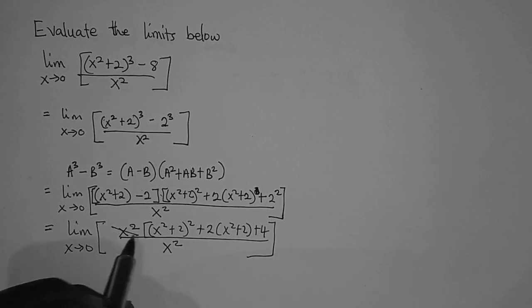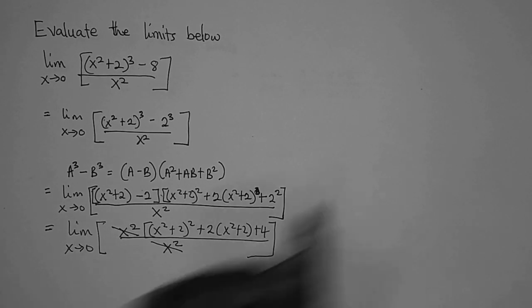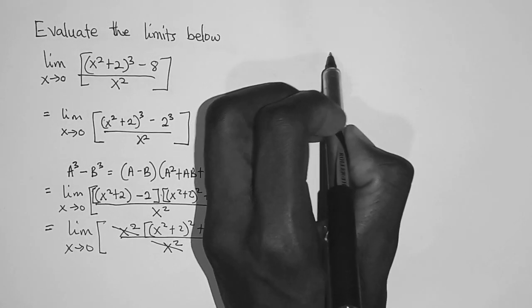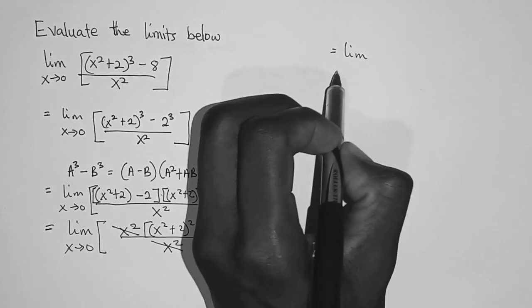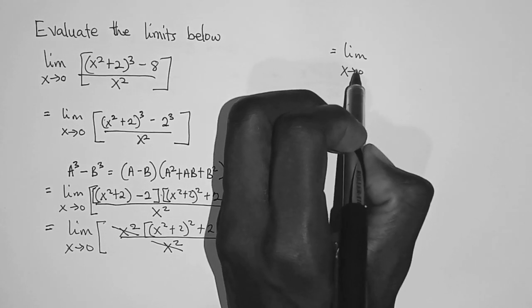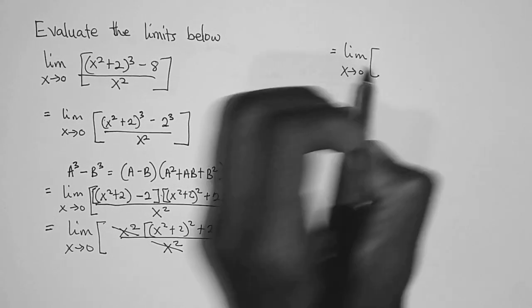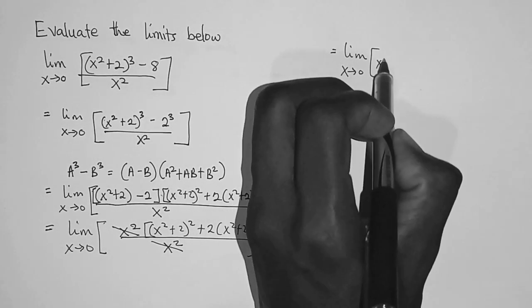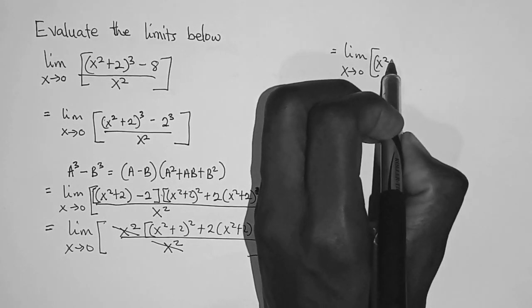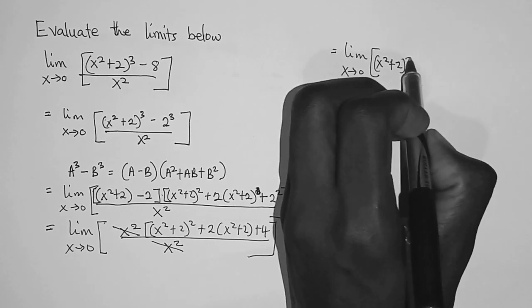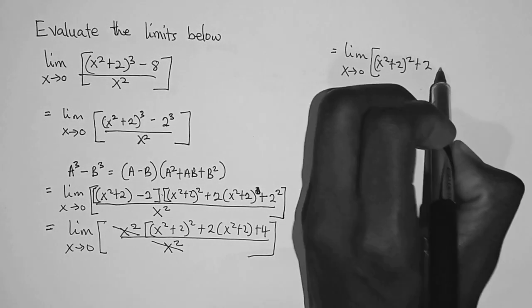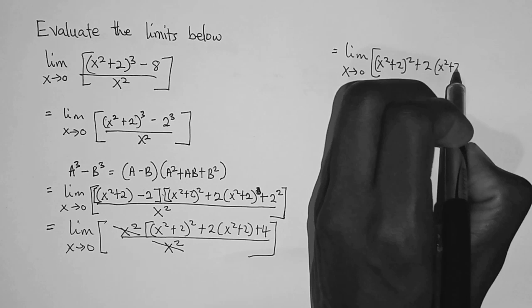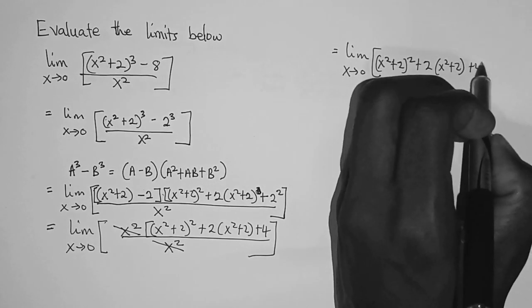So this x squared and this one will cancel out. So we'll be left with limit as x approaches 0 of (x squared plus 2) squared plus 2 times (x squared plus 2) plus 4.